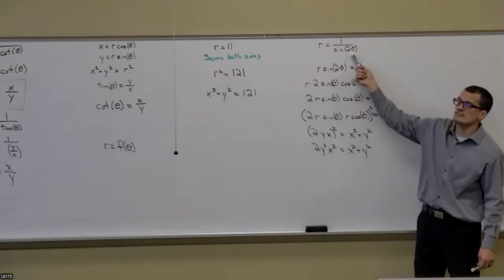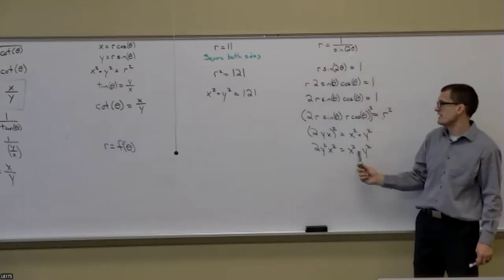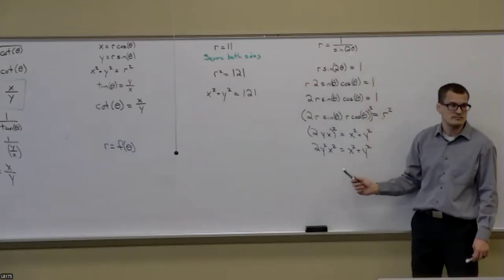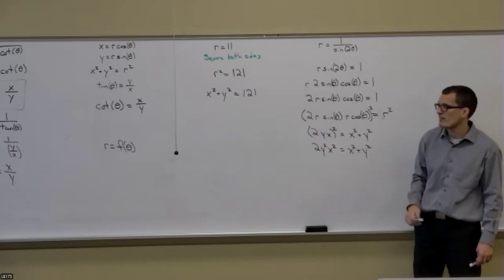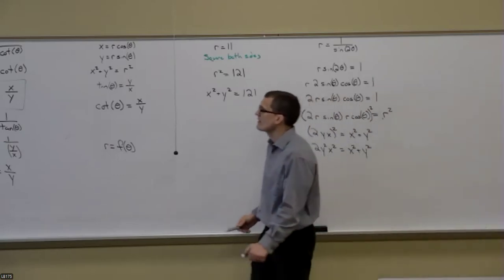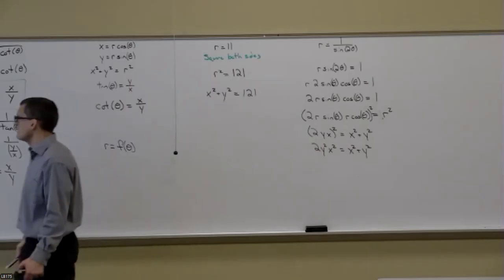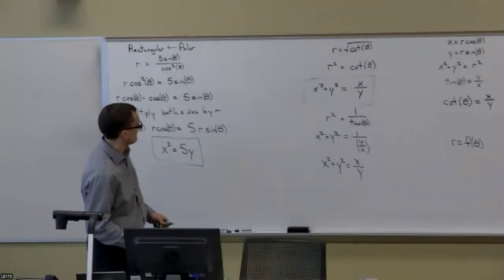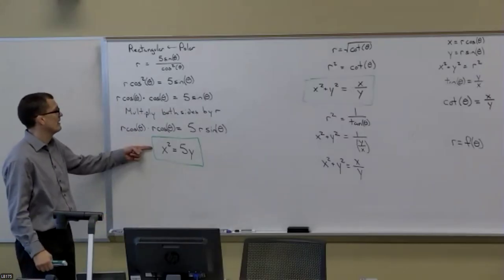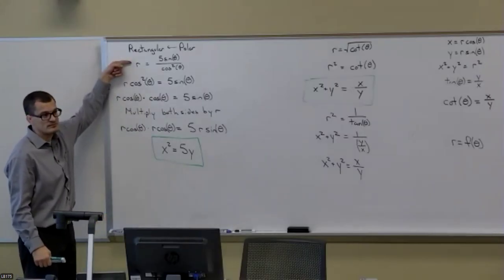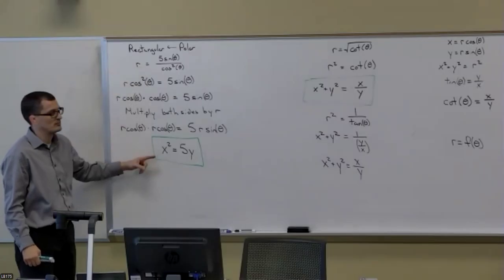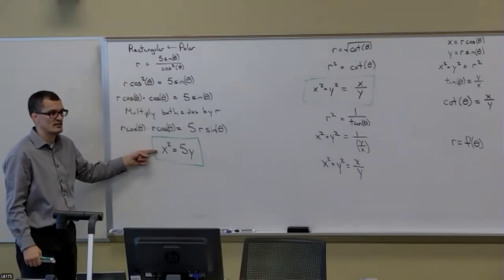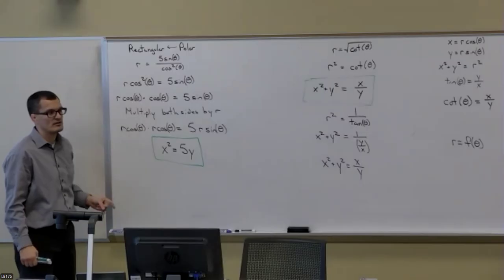I would argue this one's a lot simpler in polar form than it is in rectangular form. Some equations might be a lot simpler in rectangular form than they are in polar form. I would argue probably this one was easier to understand in rectangular than in polar.